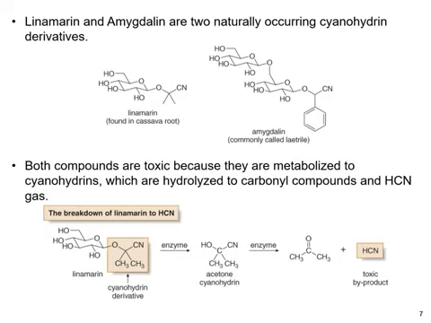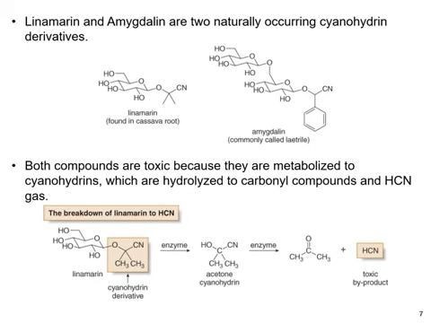Linamarin and amygdalin are two naturally occurring cyanohydrins. You can see the terminal cyano and alkoxy group present on the same carbon. This compound is present in cassava root. And the second compound is amygdalin. In this case, you can see the cyano and alkoxy group present on the same carbon.